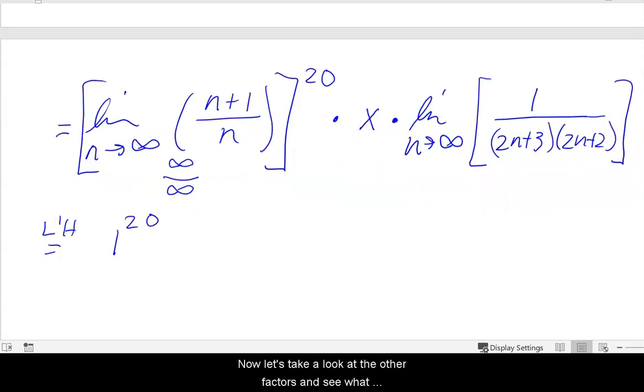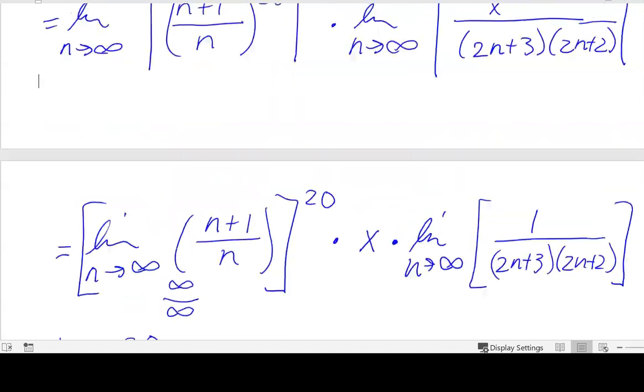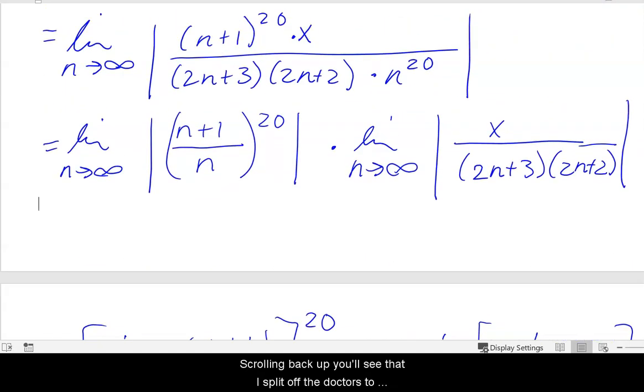Now let's take a look at the other factors and see what happened to them. Scrolling back up, you'll see that I split off the factors to the 20th, and that left the monomial x and the two binomial factors of 2n plus 3 and 2n plus 2. The x is actually, as far as the limit is concerned, constant.